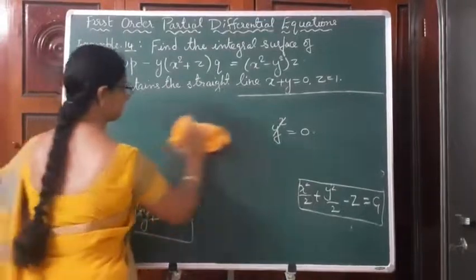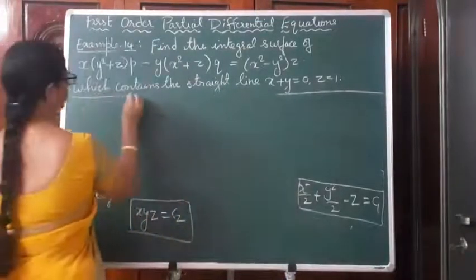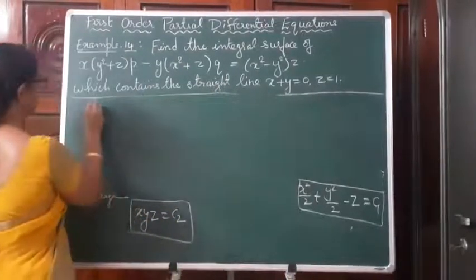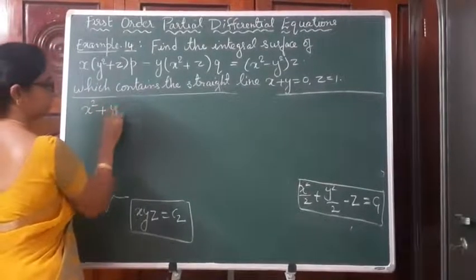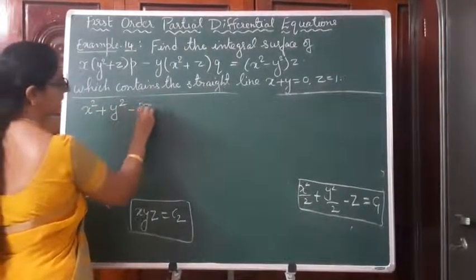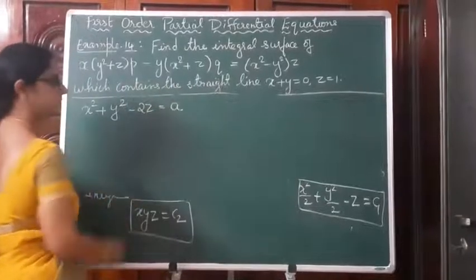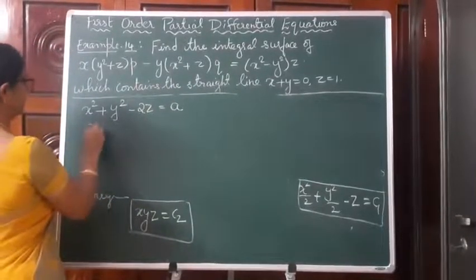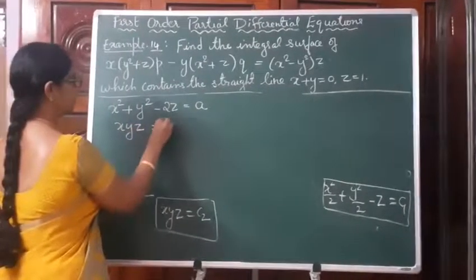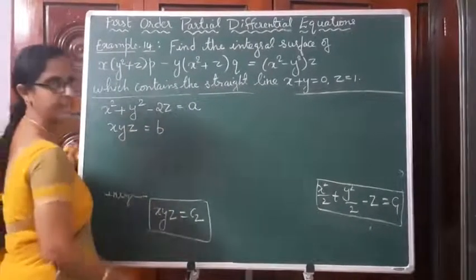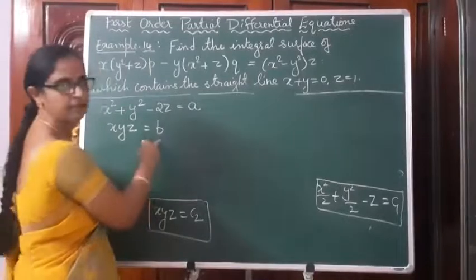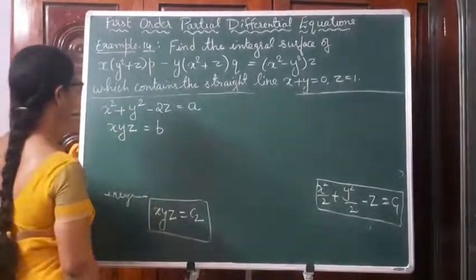The two solutions are: first one is x square plus y square minus 2z is equal to 2c1, or simply we call that 2c1 as a. And second one is xyz is equal to c2, or let us call that b, because here we used a, we use b here. So these are the two solutions.